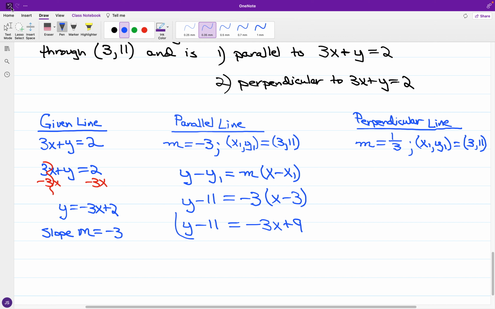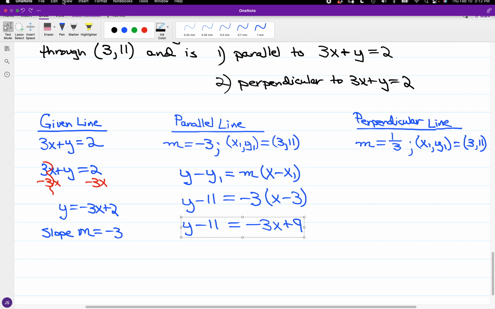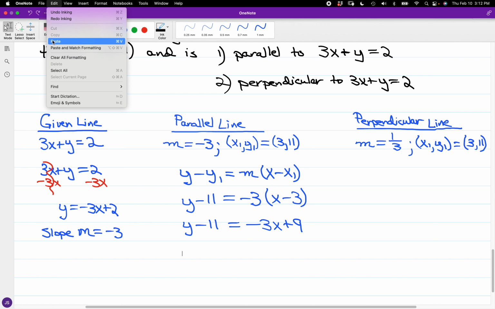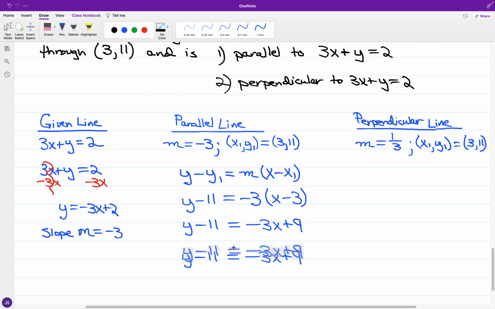Getting the y by itself, we add 11 to both sides, so we have y is equal to negative 3x plus 20.